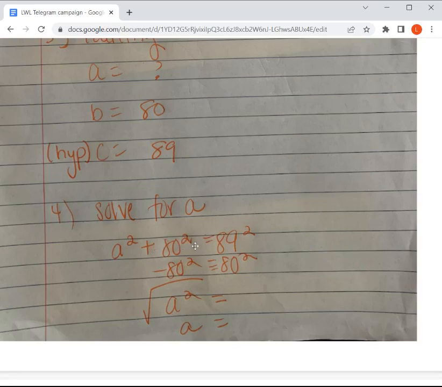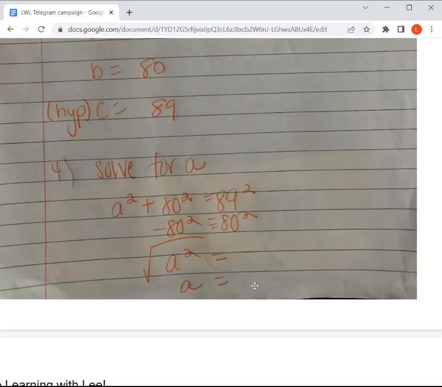It's a positive 80, so we need to do the opposite operation, something that would turn 80 squared to 0. The opposite operation is subtraction. So I'll subtract 80 squared from this left side, and if I do it there, I have to also do it on the right side. Now I have a squared by itself on the left side of the equation, and I want to find the square root of my total to find out what a is equal to.